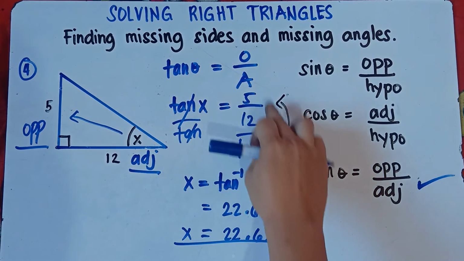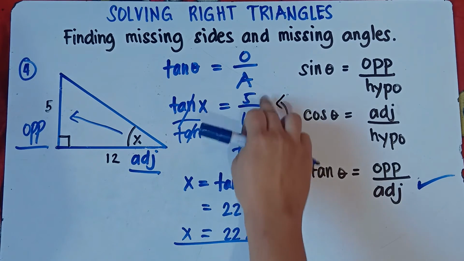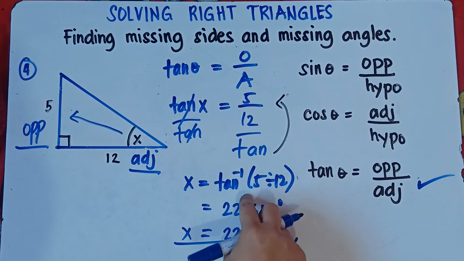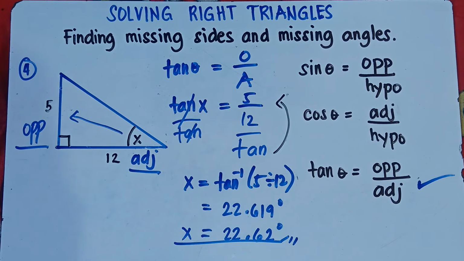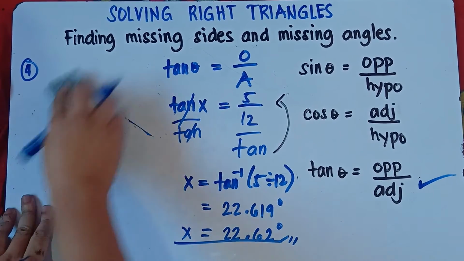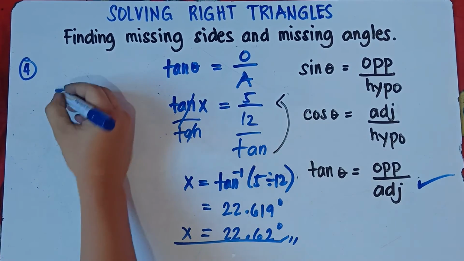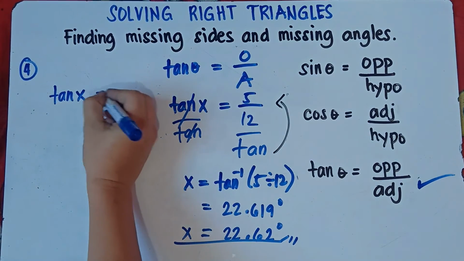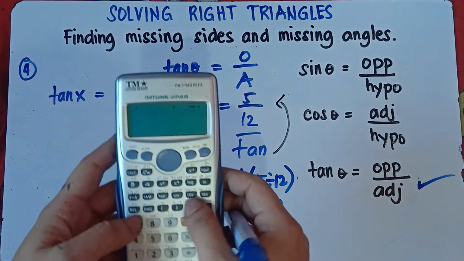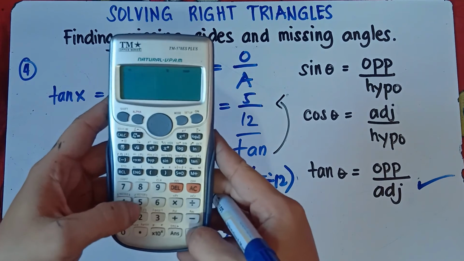The long method, class, is actually okay too. If you're confused with shift tan, let's have the second solution. If you do the long method, tangent x equals 5 divided by 12.